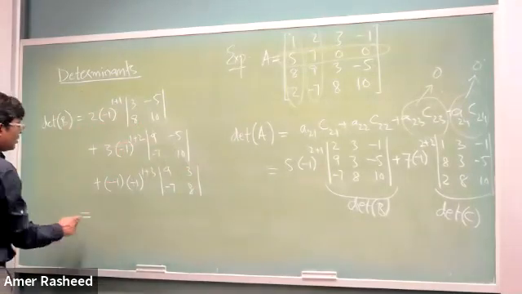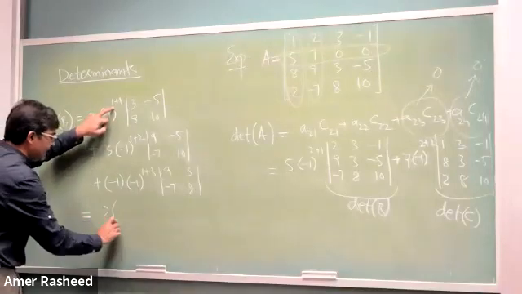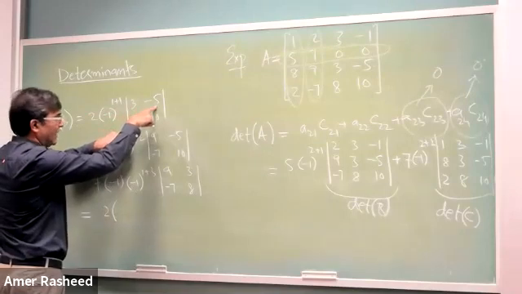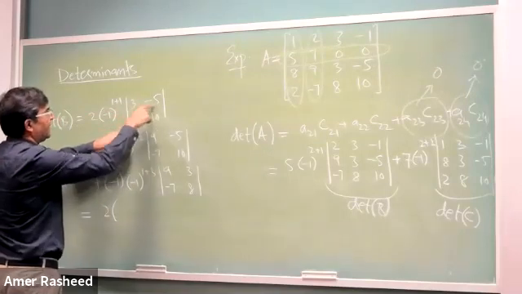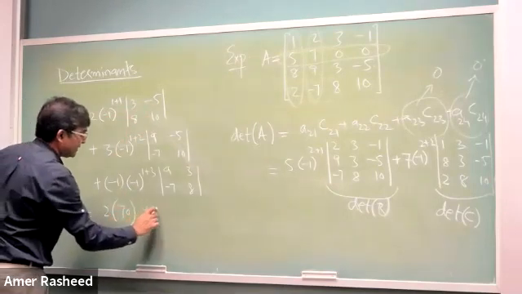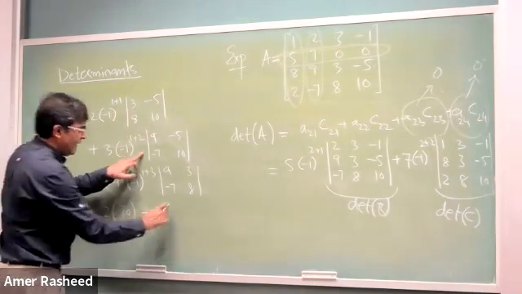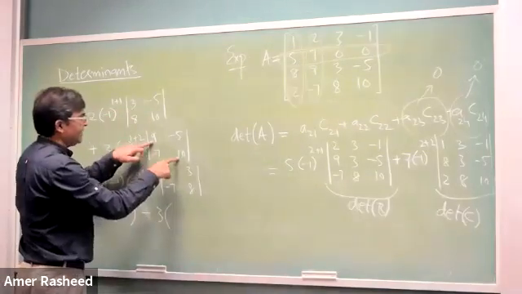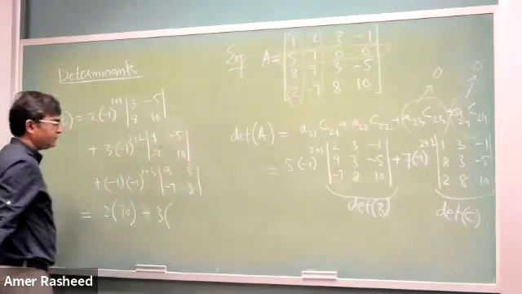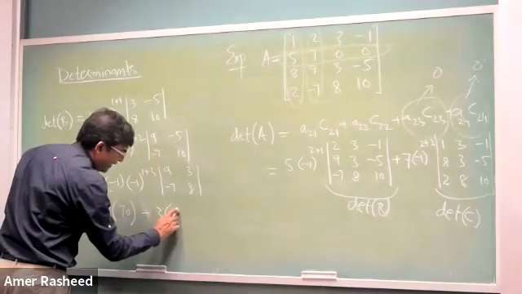Okay, so it would be 2 times 30 minus 40. Plus 1 times 30 minus 40. So this is 70. Plus 3 into, this is -1, so we'll have a negative sign here. And here we have 90 and minus 35. 90 minus 35 is what? 65?